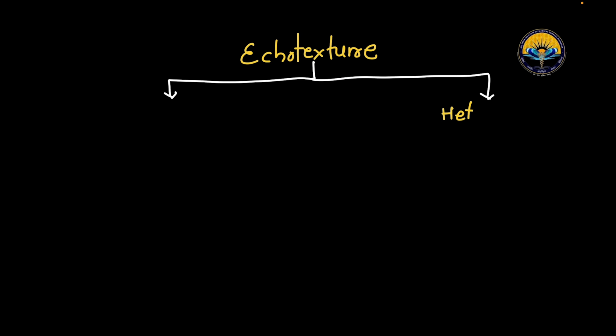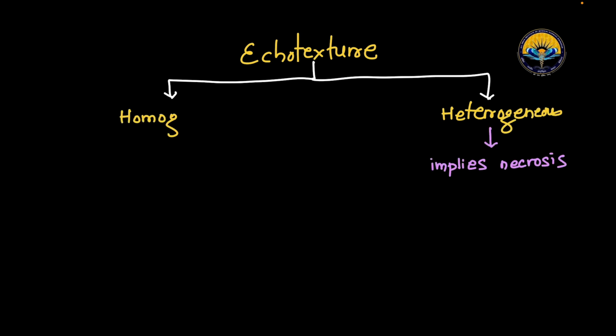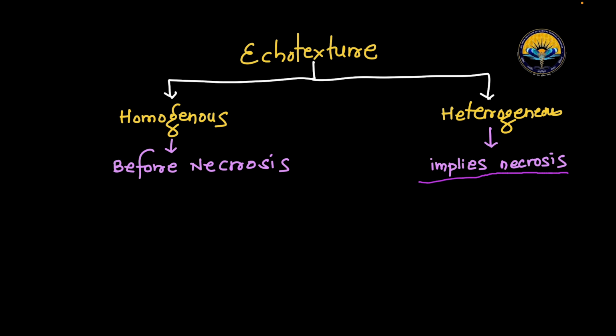Now, what about the echotexture? Echotexture can be homogeneous or heterogeneous. Homogeneous echotexture is an early finding, before necrosis, and heterogeneous echotexture is a late finding after 24 hours and implies necrosis.